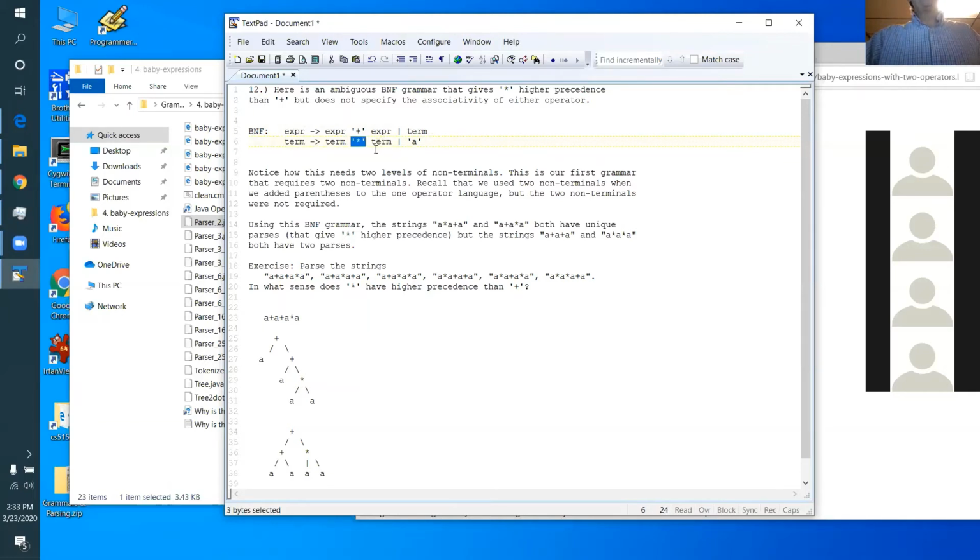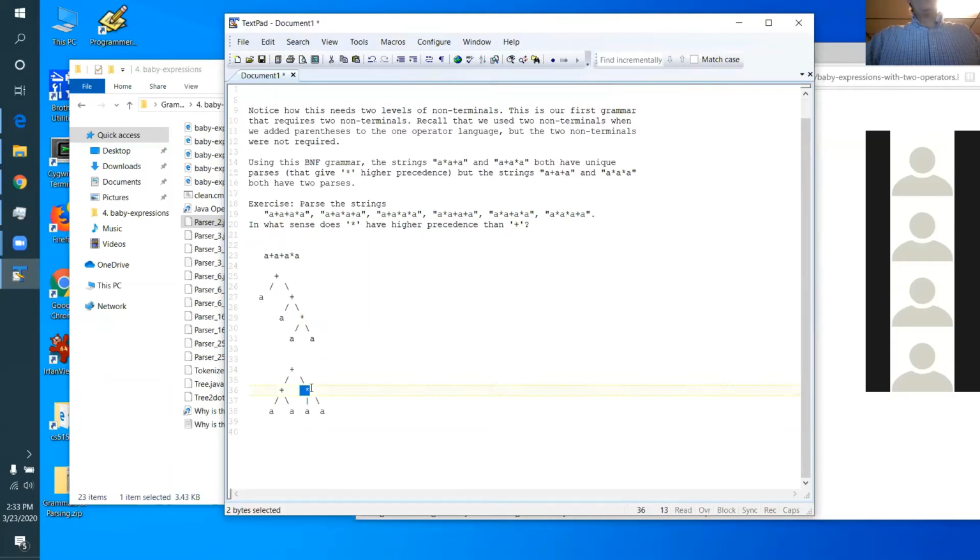By pushing it farther down in the parse tree, it gets evaluated first. So when you evaluate the parse tree from the bottom up, the things that are lower get evaluated first. So this guy's got higher precedence. In a sense, it's kind of vague still, but this one's got a higher precedence because it keeps getting pushed down to the bottom of the tree.